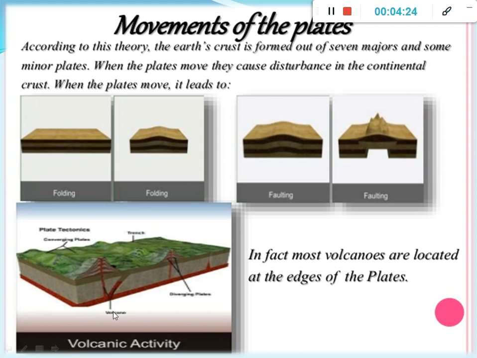This is increasing by the tectonic forces, the inner forces like volcanoes and earthquakes, which increase the height of that place. So this is the reason why some mountains, like the Himalayan mountains, have their height increasing day by day.